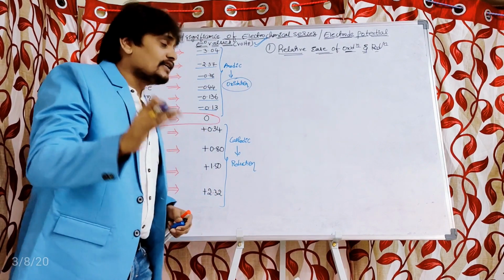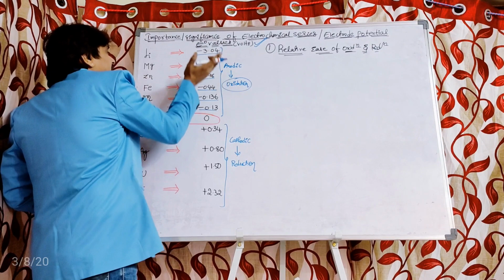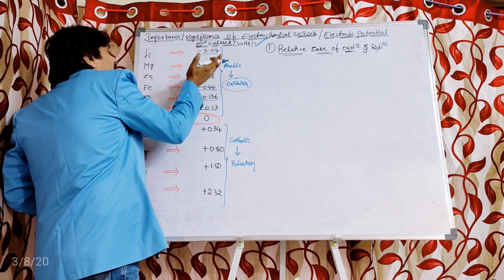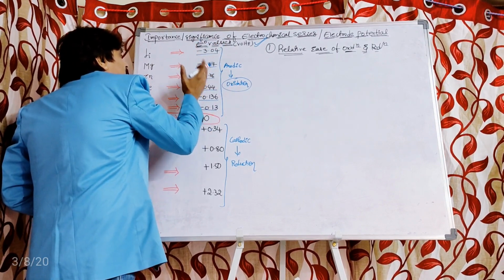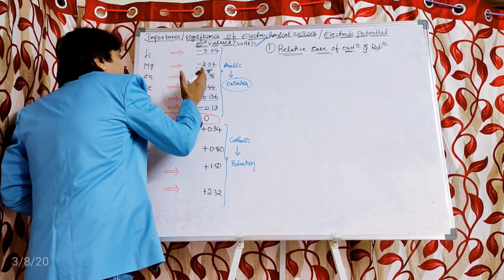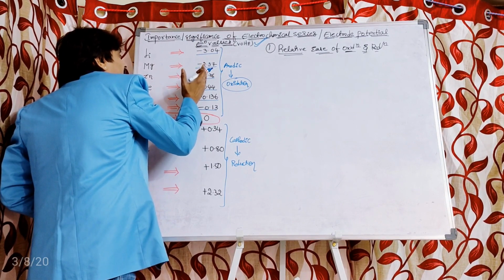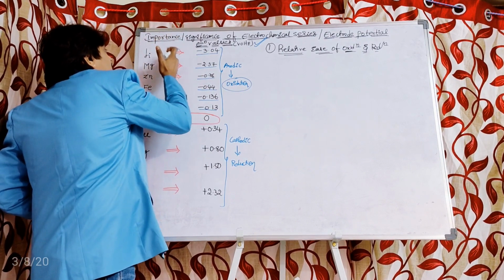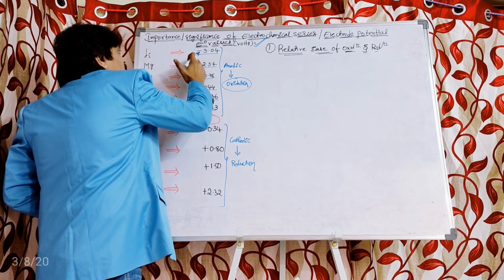This is the reason why the electrodes above the hydrogen in the electrochemical series act as anode and undergo oxidation. These values are obtained by considering the reduction reaction, meaning when they acted as cathode and underwent reduction, their values are negative.